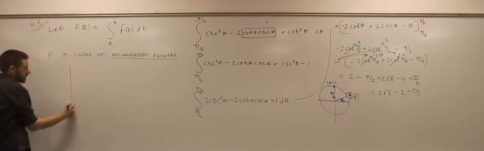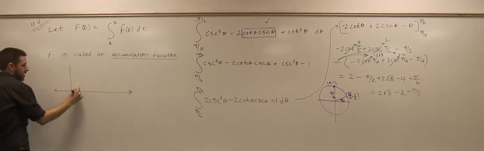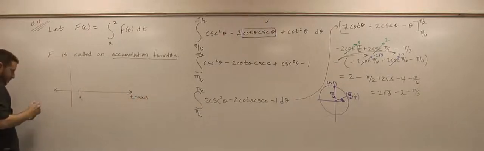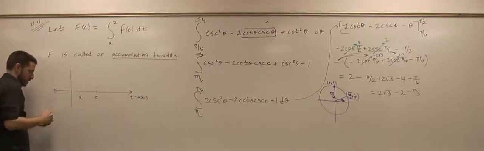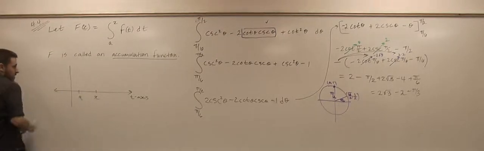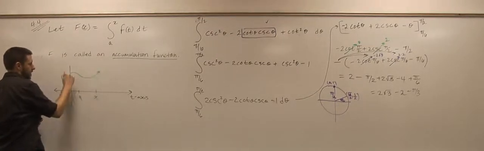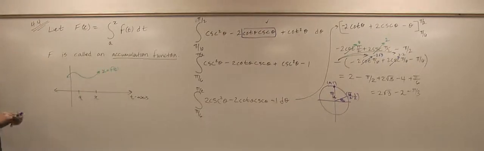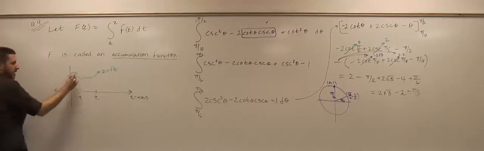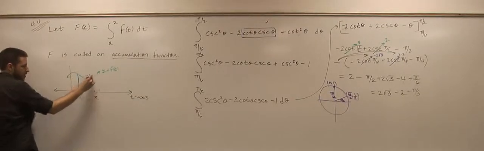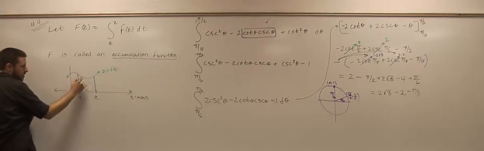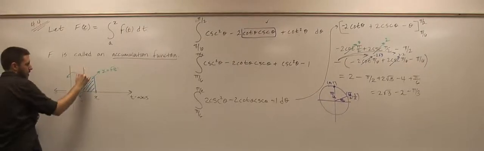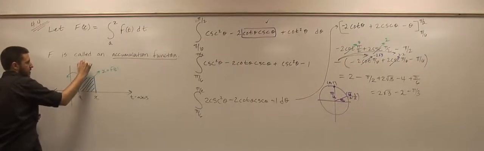So if you think about this, this is your t-axis. This is a, and this is x. And this is your function f of t, little f of t. Then capital F of x is going to equal the area under the curve from a to x. So this area equals capital F of x.